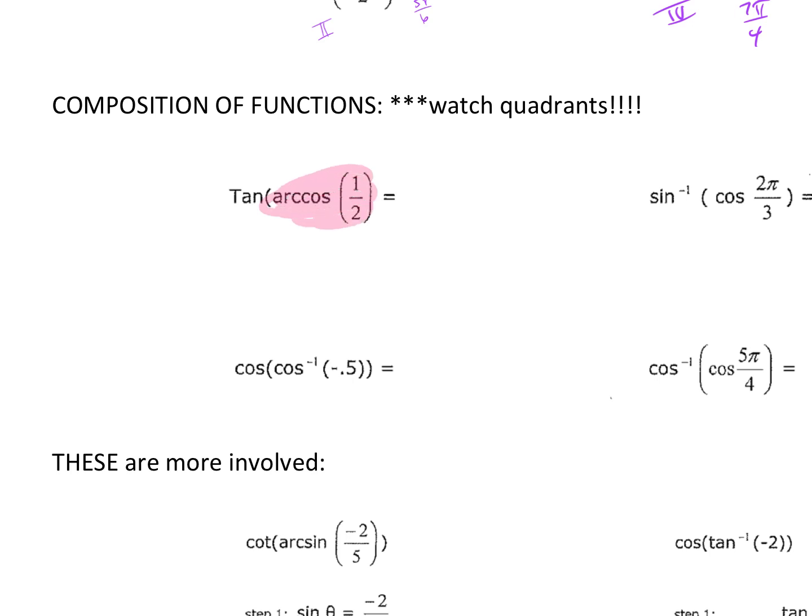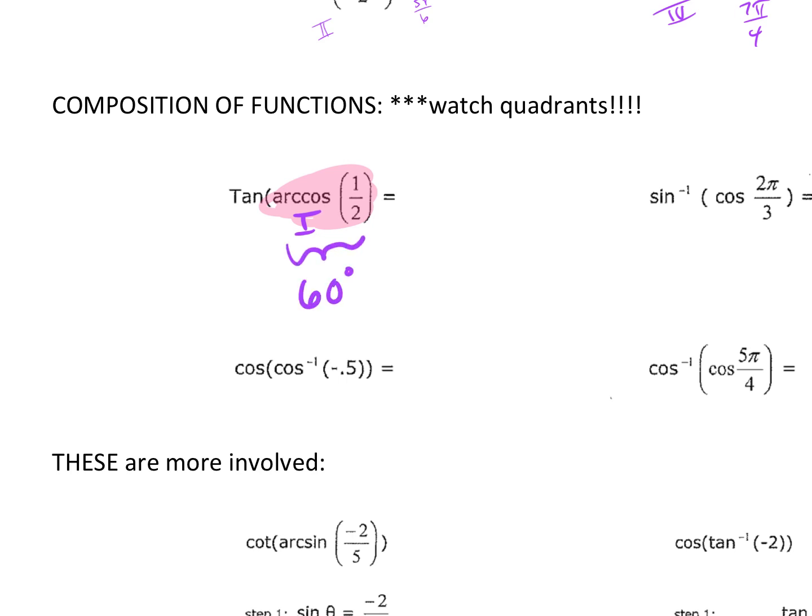For this particular example, this is saying find the inverse cosine of something positive. So we're finding an angle measure. If we're looking for an inverse cosine of something positive, what quadrant should we be in? 1, yes. So we're going to look in quadrant 1, and we're looking for where the cosine value is a half. So where is that? 60 degrees.